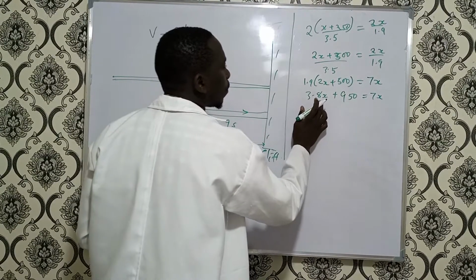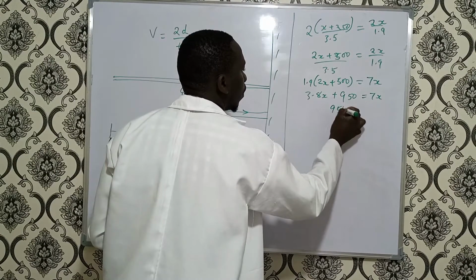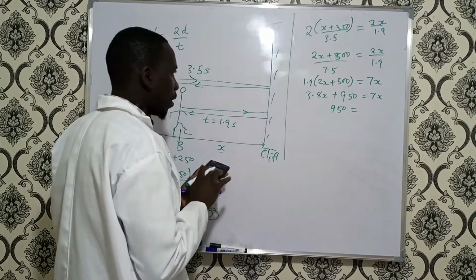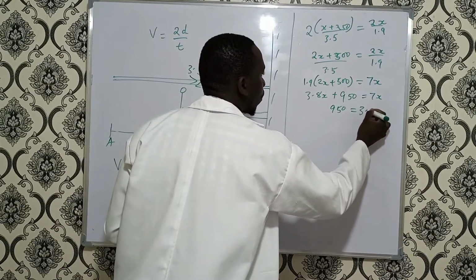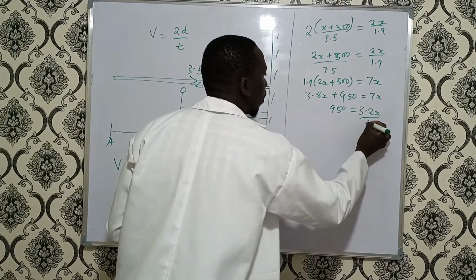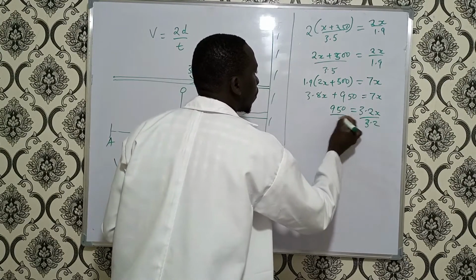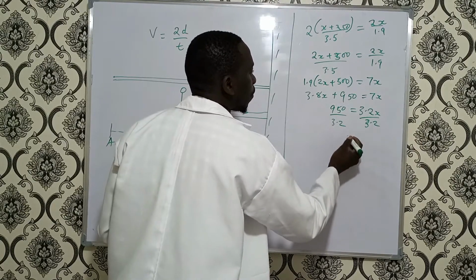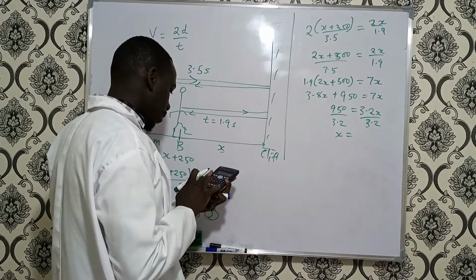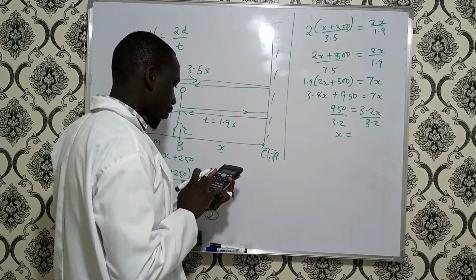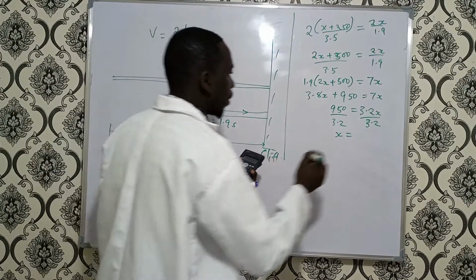So therefore, 950 is equal to 7x minus 3.8x. That should be 3.2x. Divide both sides by 3.2. So you find x to be equal to 950 divided by 3.2.